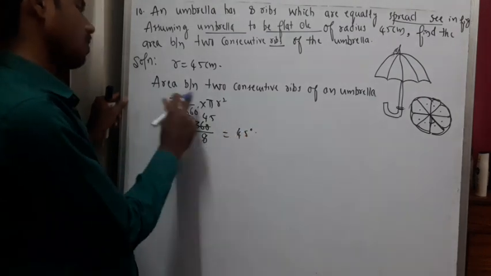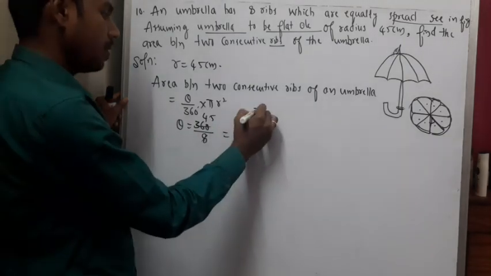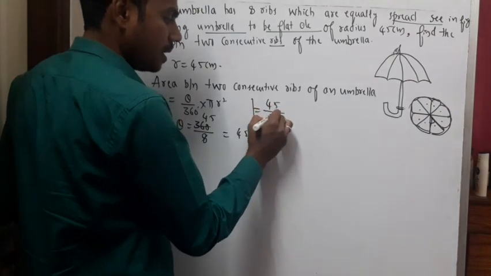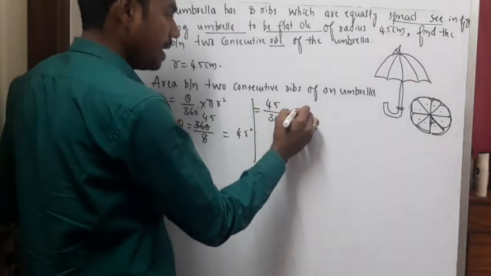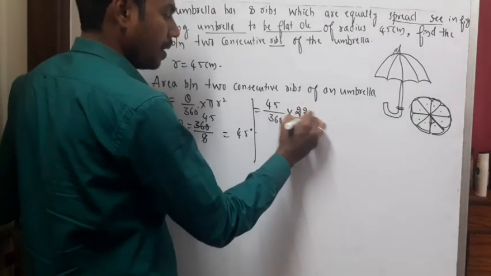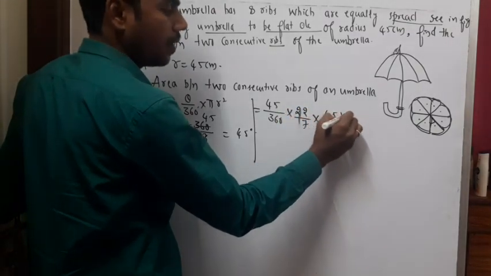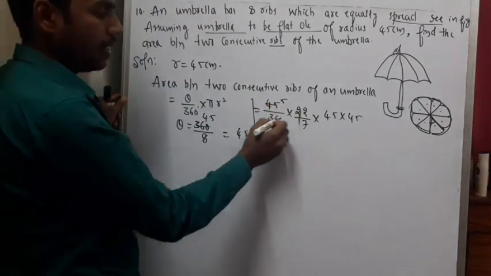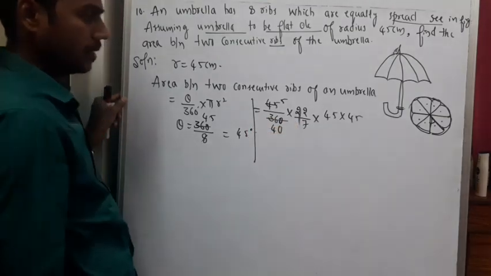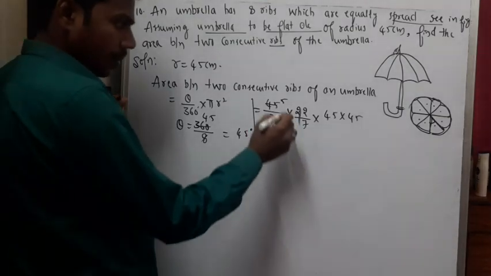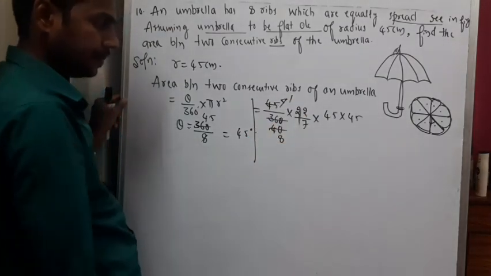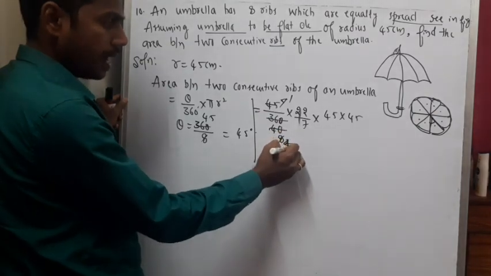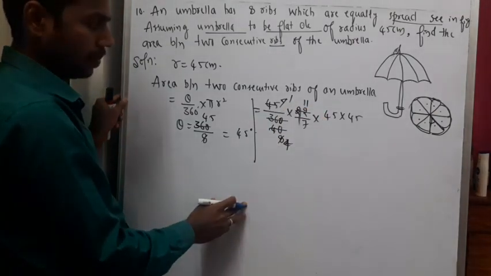Now we will substitute the value of theta in this formula to get the area. Theta is 45 divided by 360 into pi, which is 22 divided by 7, into r squared, r is 45, so 45 into 45. Now 9 fives are 45, 9 eights are 72, so 360 divided by 45 is 8. Then 2 fours are 8, 2 elevens are 22.